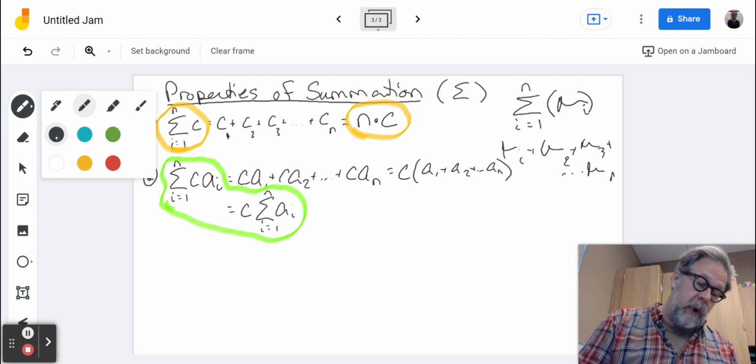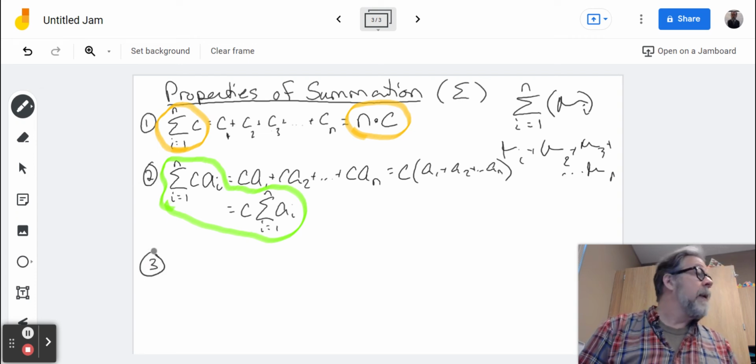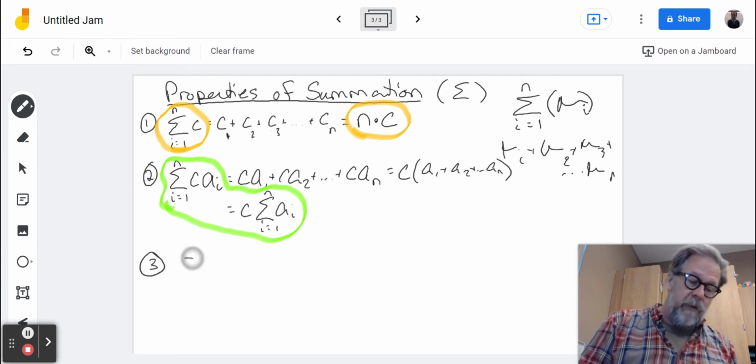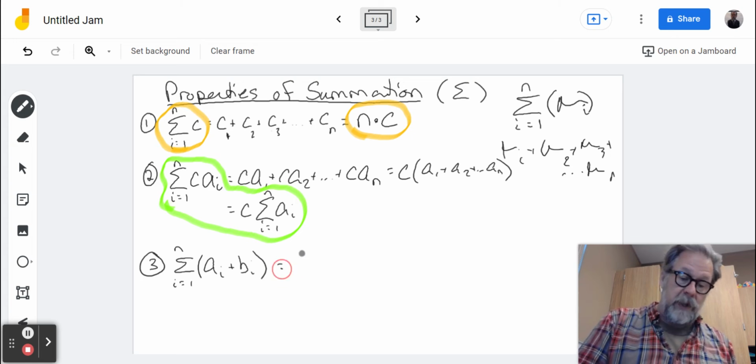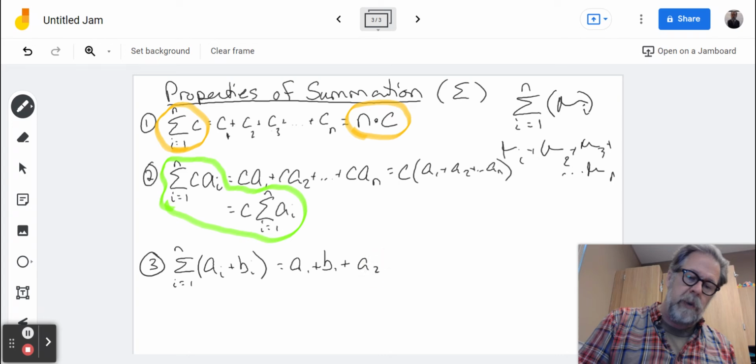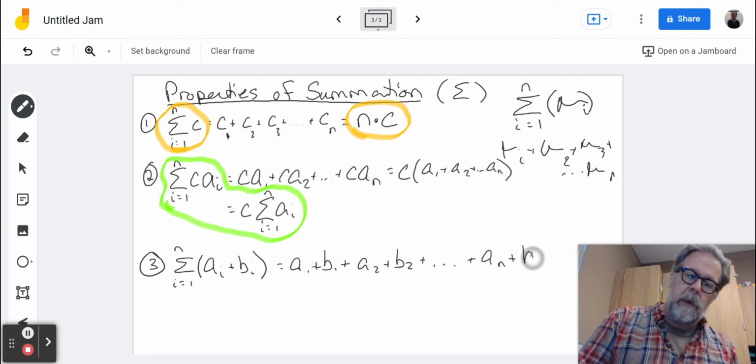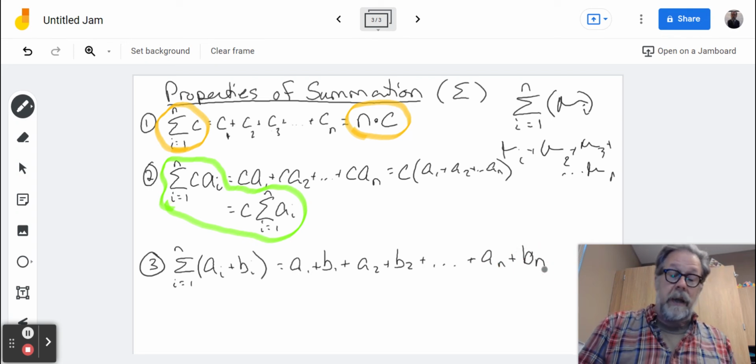Let's look at number 3. What if we have a sum from I equals 1 to n of two things, A sub I plus B sub I? Well, again, this is A1 plus B1 plus A2 plus B2 plus ... all the way to An plus Bn. Now, I can regroup these.